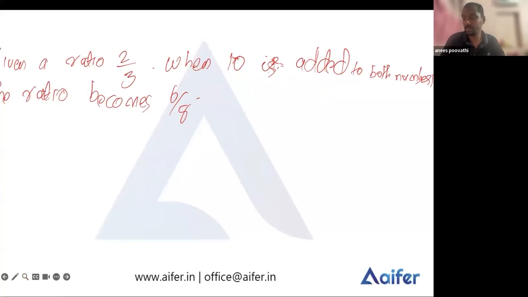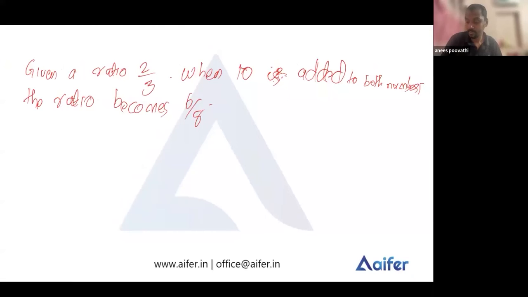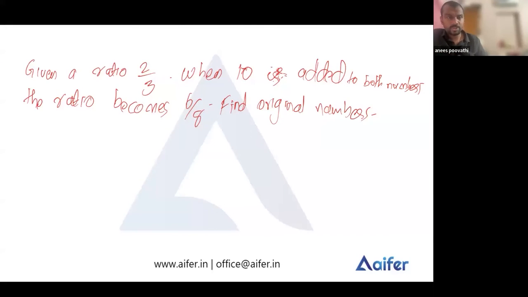Find the original numbers. So this will be the question. Given a ratio 2/3, when 10 is added to both numbers, the ratio becomes 6/5. Find the original numbers.